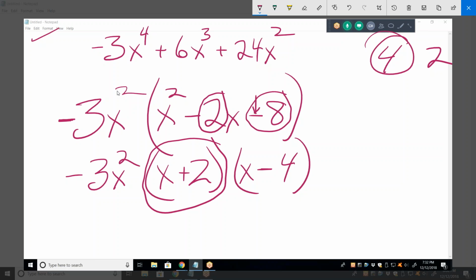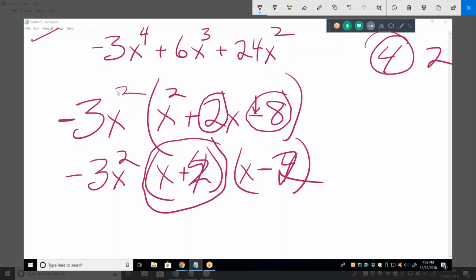You're looking for factors of 8 that subtract to the number 2, no matter whether that's a minus 2x or a plus 2x. Even if it was a plus 2x, you'd be looking for factors of 8 that subtract to the number 2. It's just that in this case, the bigger factor, 4, would have to go with the plus sign, if it was like that.